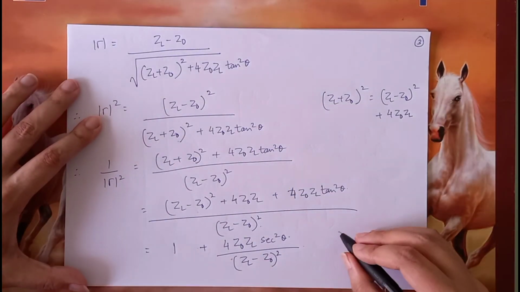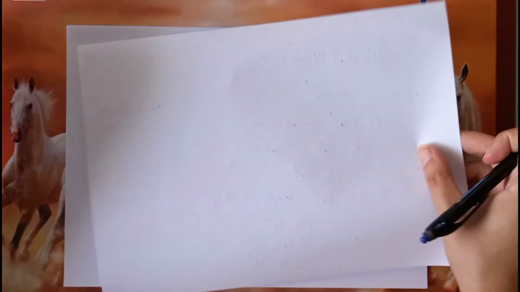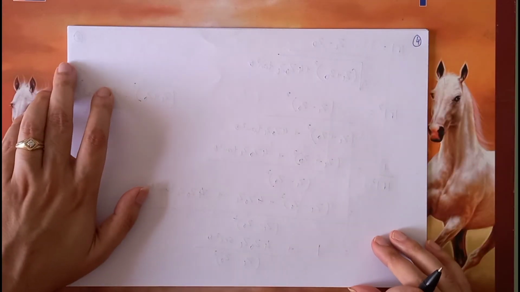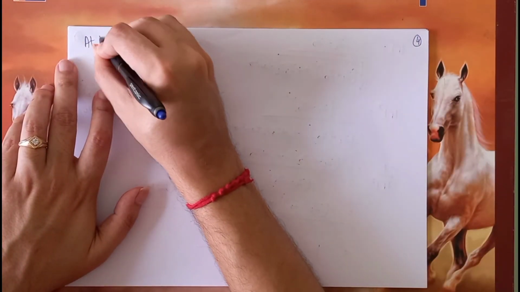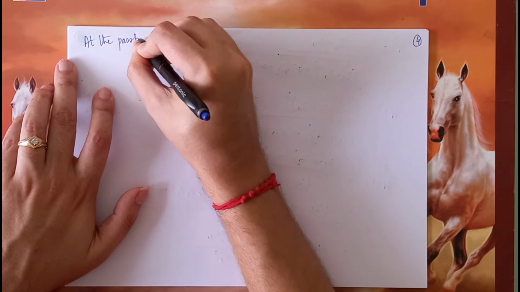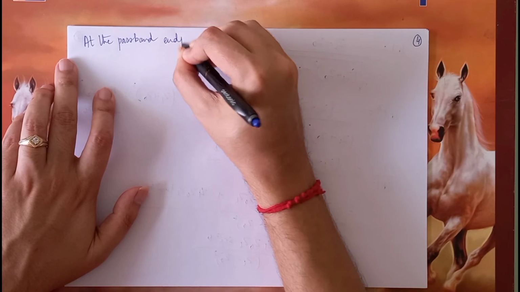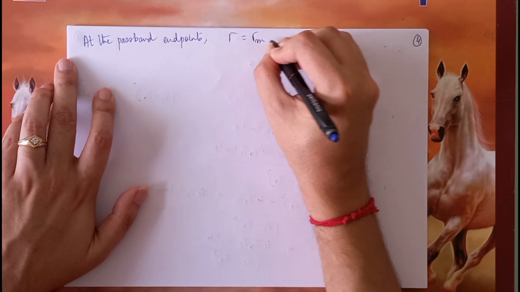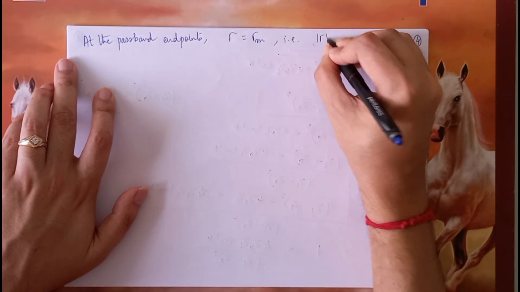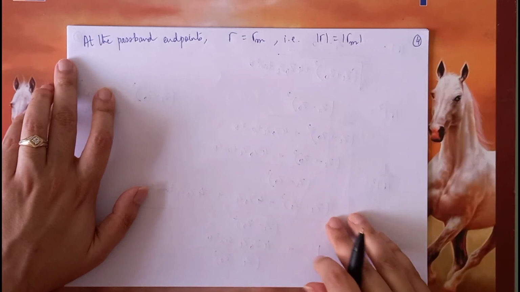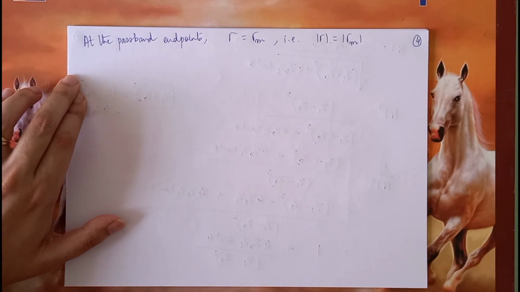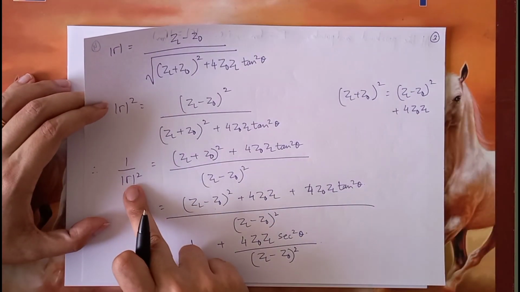So therefore I can say at the passband endpoints, gamma becomes equal to gamma m, or mod gamma becomes equal to mod gamma m. So therefore, if I substitute gamma equals gamma m in the equation that we derived, that is the one before here.